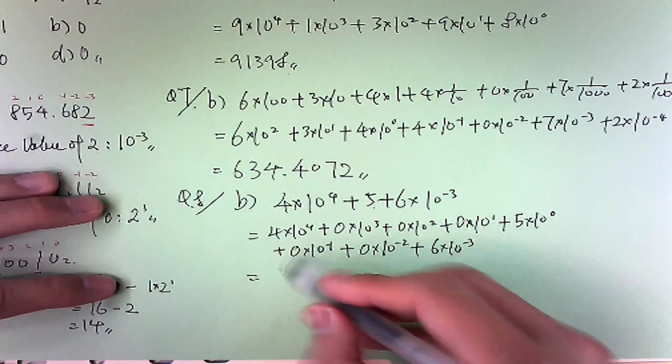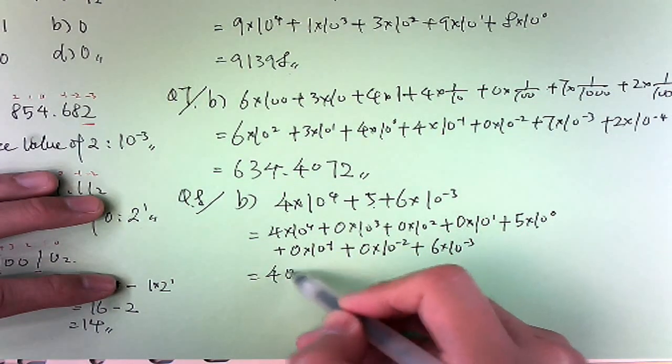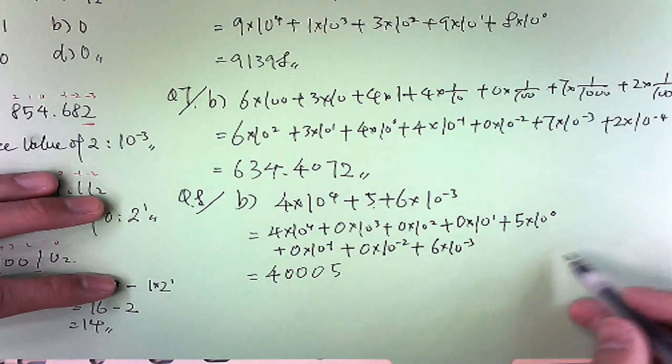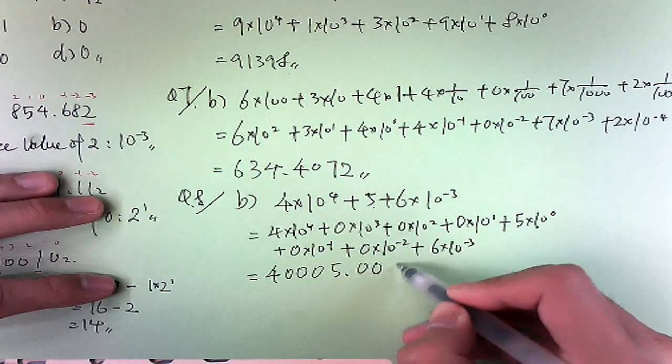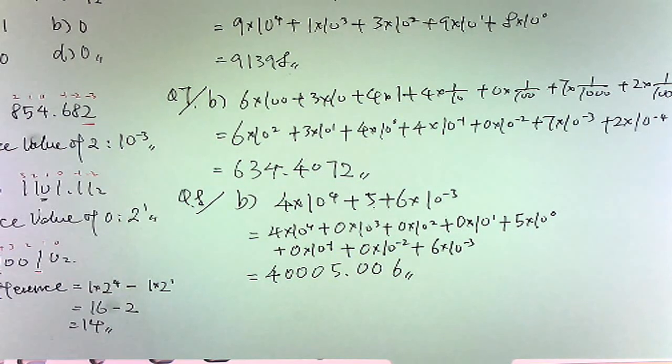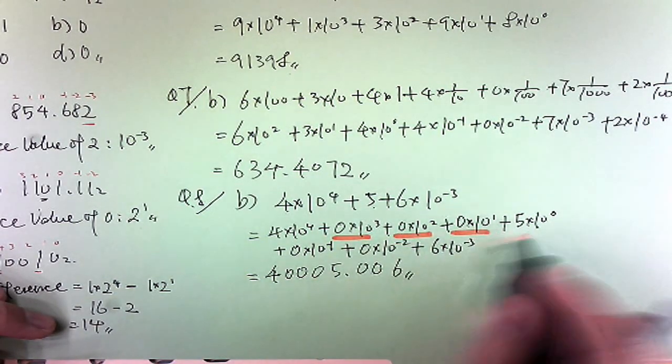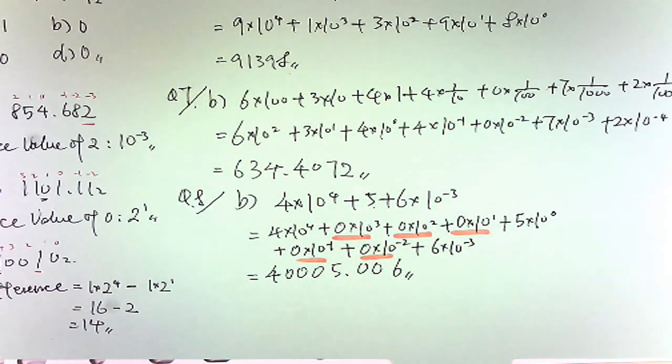So for this, you can just write down 40005, okay, 0.006. Okay, so you have to make this appear, okay, in order to write the original, okay.